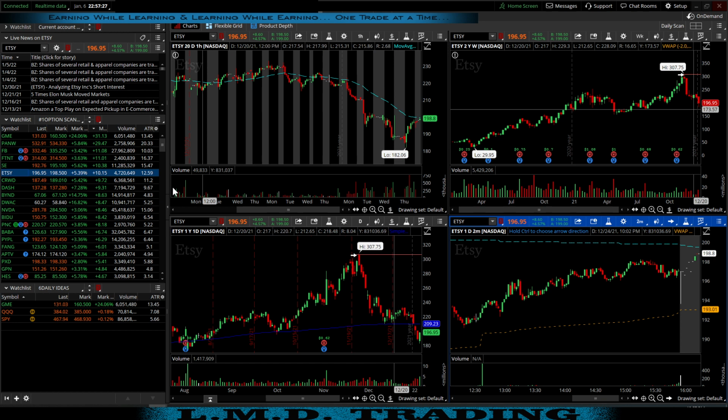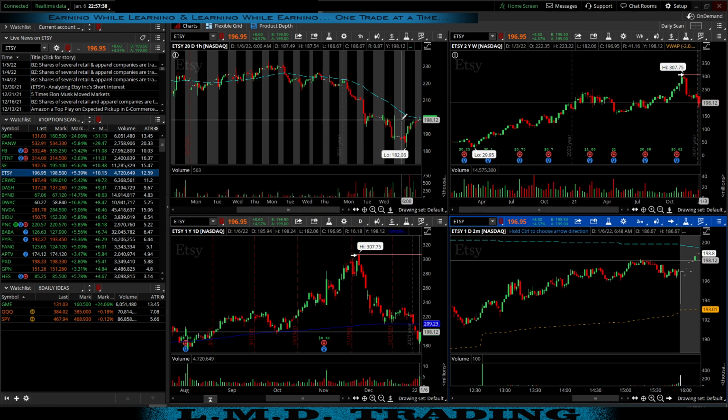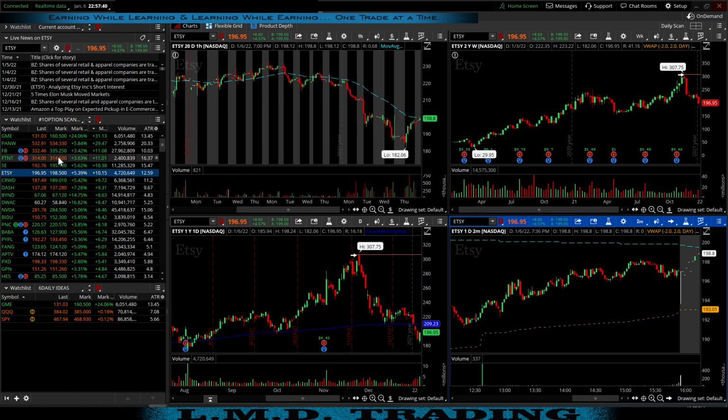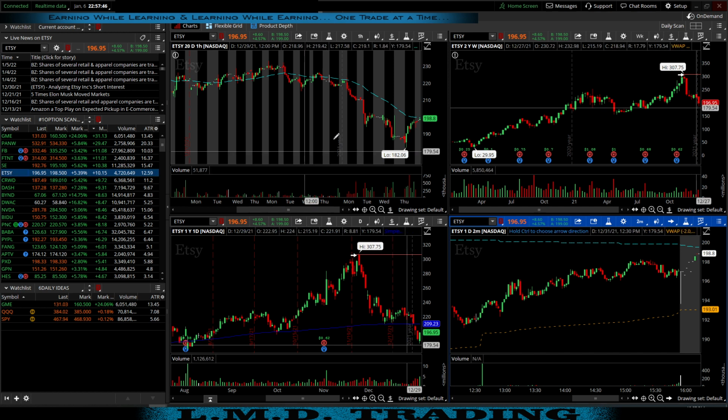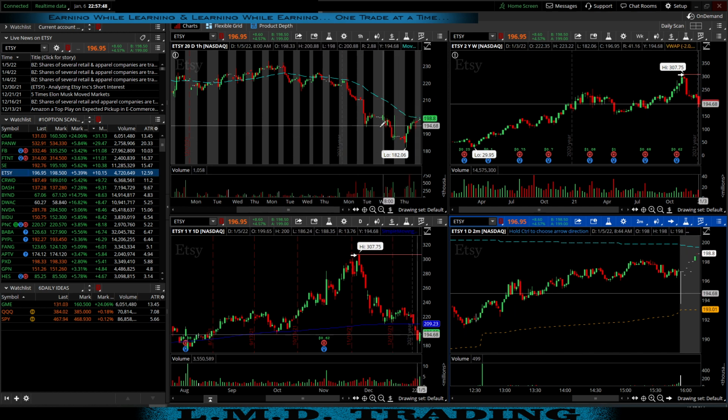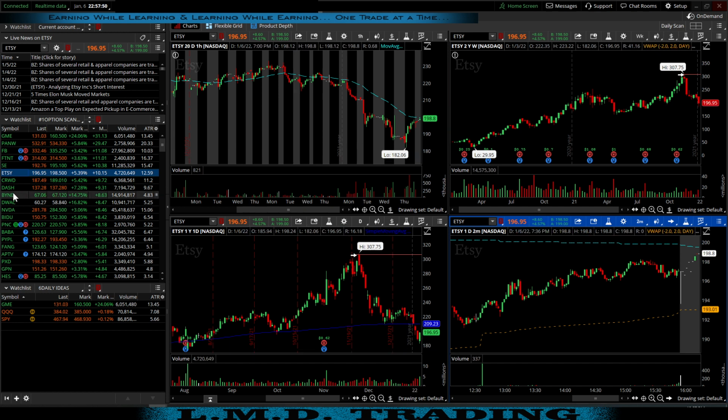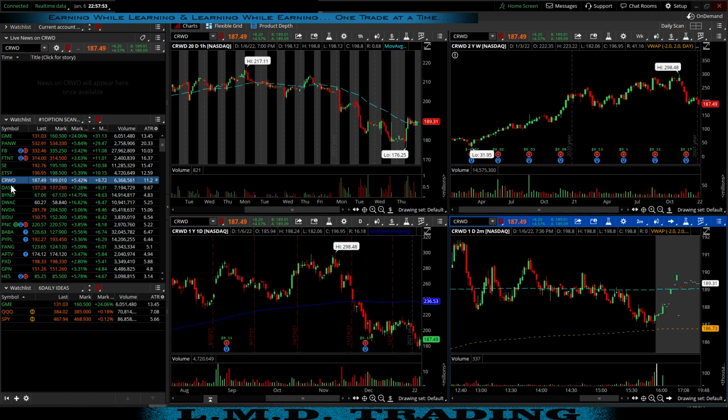But again, we're looking at stocks that are gapping up. If we were doing puts, we'd want those to gap down and then be below. So these here are kind of merging into each other. They're gapping up, but they're gapping into that 50, which is going to act as resistance. So we keep on moving.